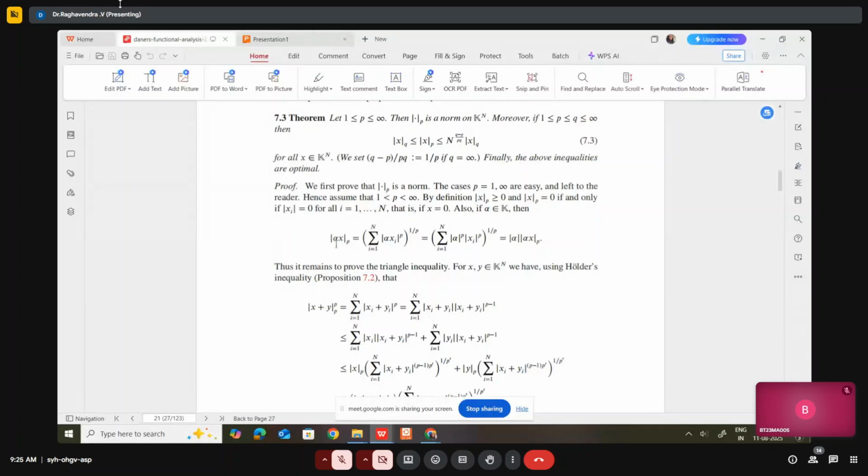So by definition, summation i equal to 1 to n of |alpha xi| raised to p, raised to 1 by p. This is the same thing as |alpha| raised to p into |xi| raised to p. So you remove this |alpha| out here and write it as |alpha| times norm x raised to p. It is as simple as that.